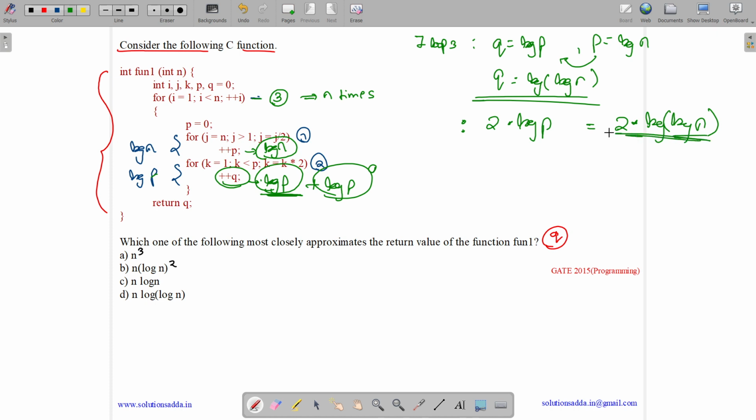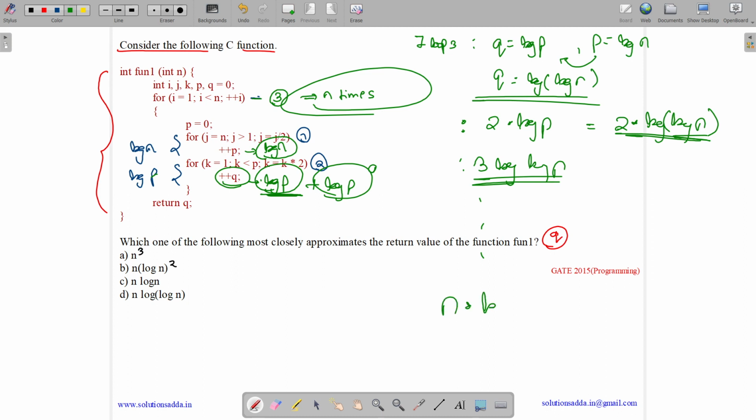So after the second iteration it becomes 2 log log n. After the third iteration it will become 3 log log n. How many iterations do we have? We have n iterations. So after n iterations it will become n times log log n. So this will be our q value. So the answer is option D, n log log n.